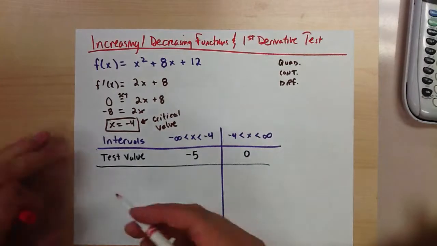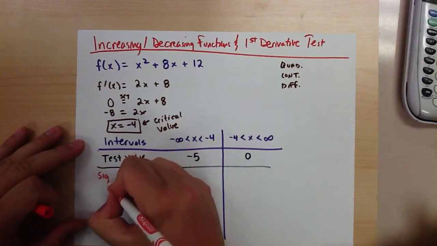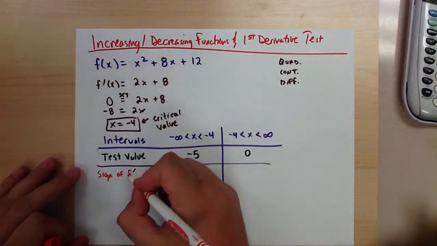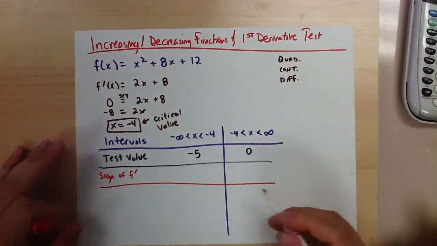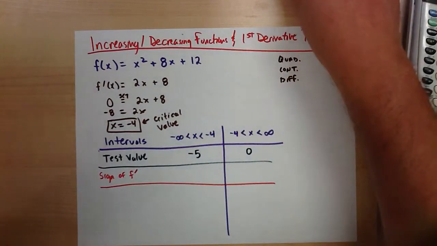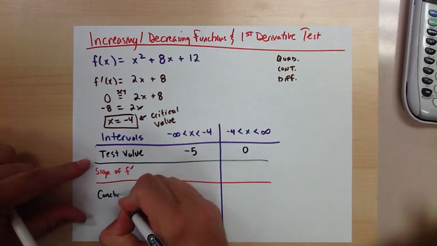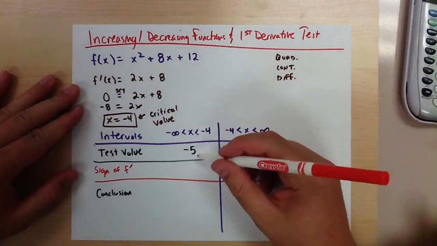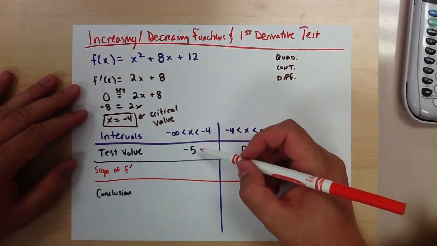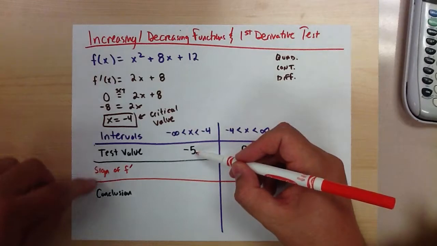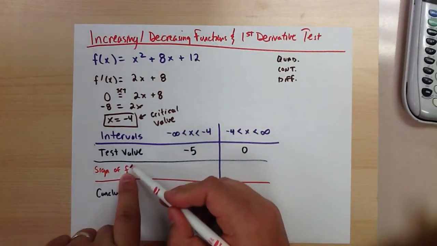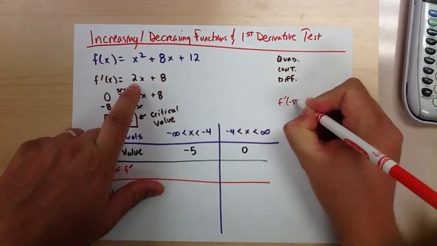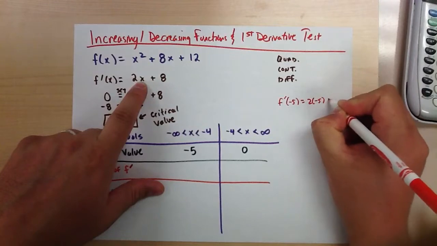And then I'm going to ask myself, what's the sign of my derivative? What's the sign of f prime at the test values? And after we do that, we'll draw a conclusion. So we're going to look at this and say, okay, x equals -5. If I put that into my first derivative, notice I'm interested in what's happening to my derivative. f prime of -5 is 2 times negative 5 plus 8.